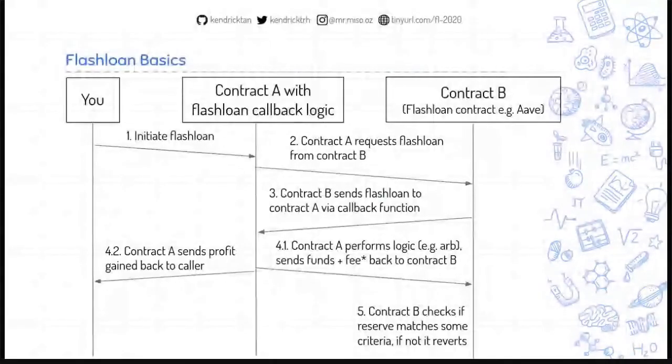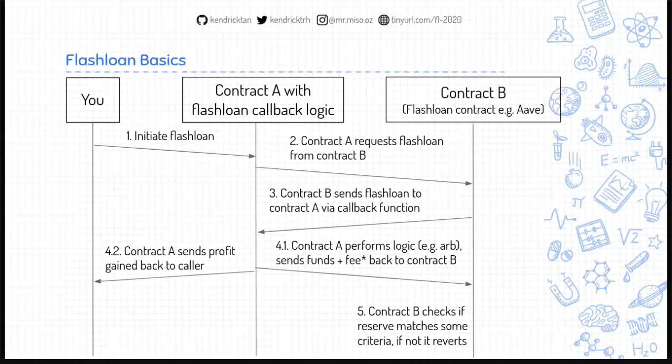So this is a typical setup that contains a flash loan. There's actually 2 contracts. There's contract A, which you deployed with the flash loan callback logic, and contract B, which is the flash loan provider. So for example, Aave, DYDX, or Uniswap V2.